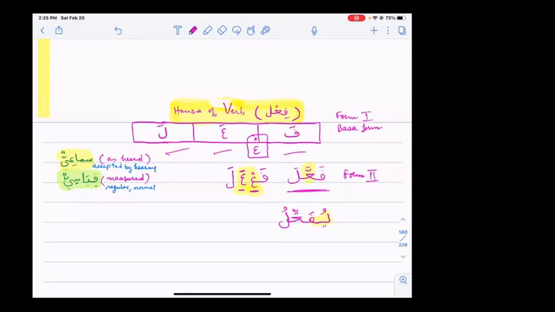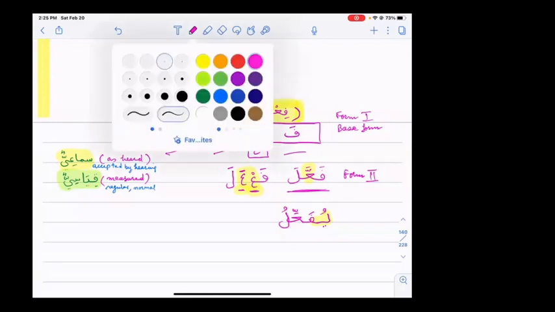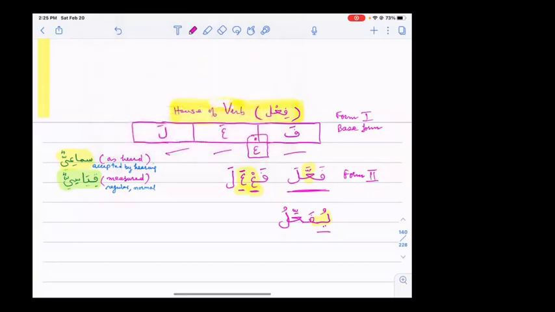But here, for the 4-letter verbs only, when the yaa comes, it will change into a dhamma. This we have to remember. This is the sign that it is form 2. Okay.